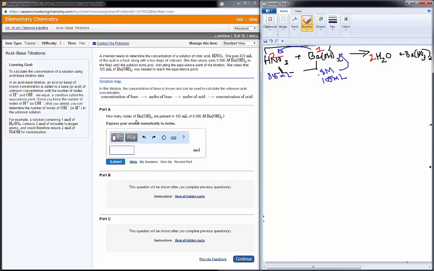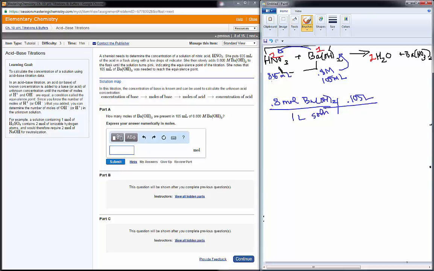Here we're just going to do it stepwise. They say, you know that it's 0.8 molar, you know that you have 105 milliliters, you can calculate moles. This is something we did in our previous chapter on our previous test. Of course you can do that. That's easy as pie, so long as I remember that the capital M stands for moles per liter. 0.8 moles barium hydroxide in 1 liter of that solution, and I have 105 milliliters, or 0.105 liters.